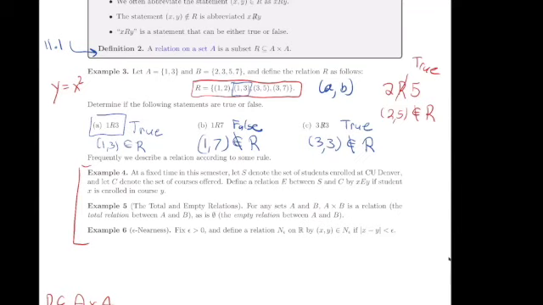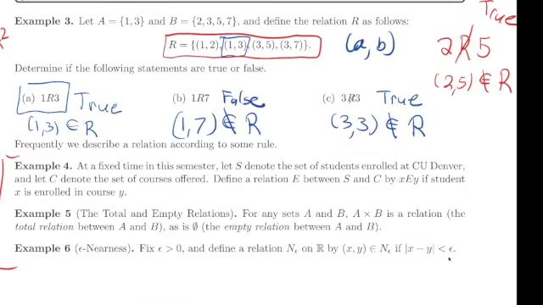We could take the set of all students at CU Denver, the set of all courses at CU Denver, and then define this relation: if a student is in a certain course, then we would say they're related. So for example, just because you're first in my Brady Bunch grid over here, we could say that Dylan is related to Math 3000.